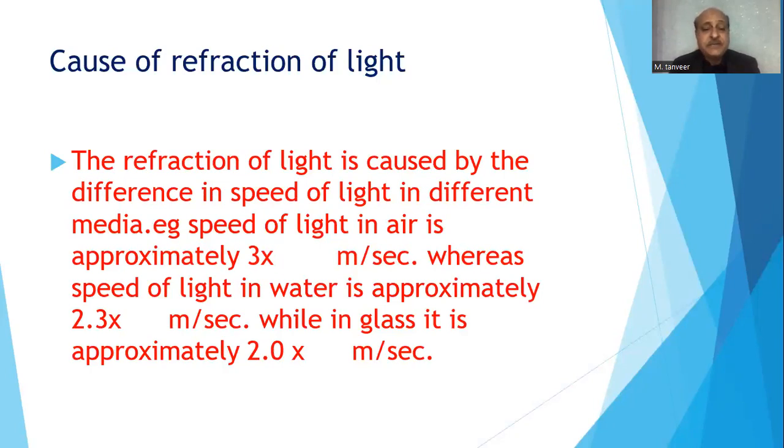For example, the speed of light in air is approximately 3 into 10 raised to power 8 meters per second, whereas the speed of light in water is approximately 2.3 into 10 raised to power 8 meters per second, while in glass it is 2 into 10 raised to power 8 meters per second.